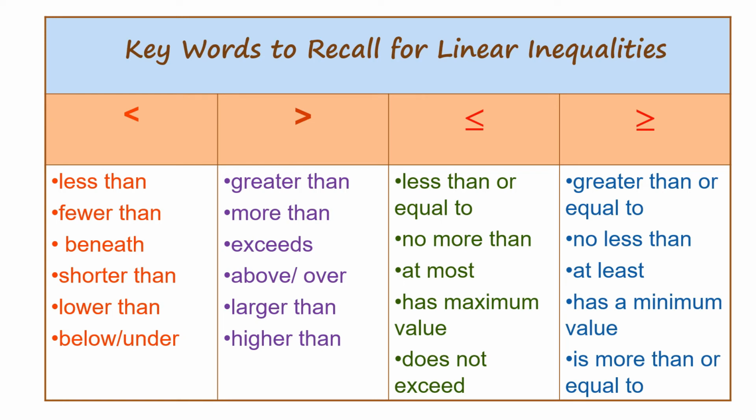So, ito ang mga keywords kapag gagamitin natin ang symbol na less than. We have fewer than, beneath, shorter than, lower than, below, or under. And for the symbol greater than, we have also more than, exceeds, above or over, larger than, and higher than.